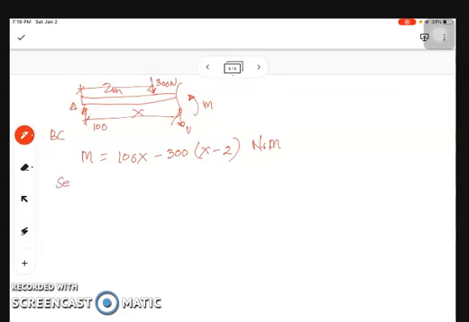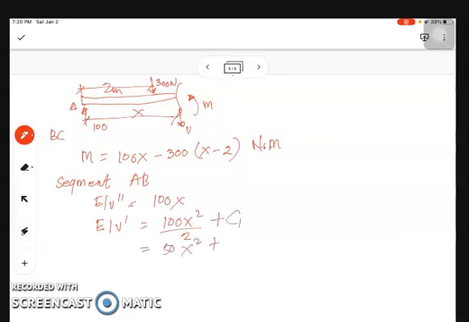Let's start with segment AB. For segment AB, EI v double prime is equal to 100x. So EI v prime is equal to 100x squared all over 2 plus C sub 1, or simply 50x squared plus C sub 1, in Newton meter squared.